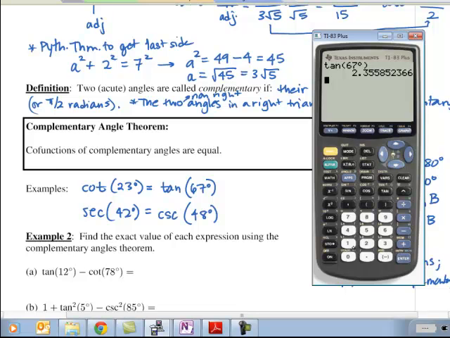And cotangent, we want to do 1 over the tangent of 23 degrees. And we want these to be the same thing. Looks good. Secant, 1 over the cosine, so let's do 1 over cosine of 42 degrees.